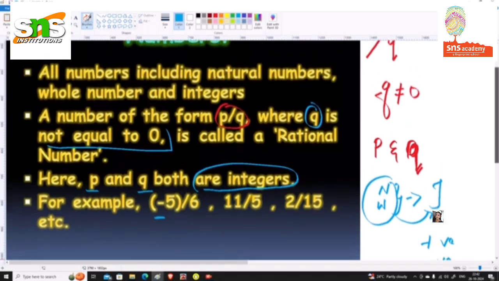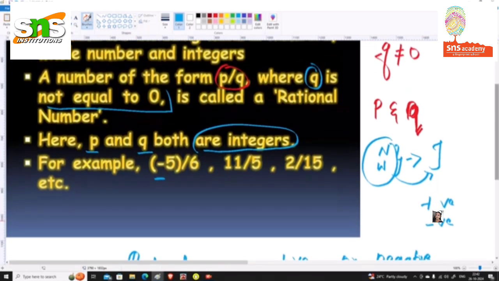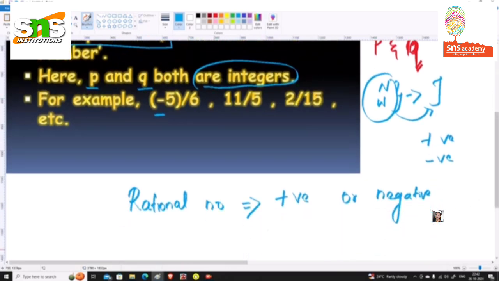So according to the rational number, the number which can be represented in the form P by Q, and Q is not equal to 0. P and Q are co-prime, which is the lowest form of the fraction, and a rational number can be either a positive or negative integer.